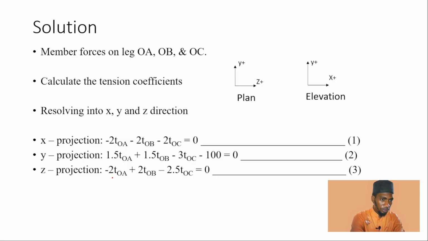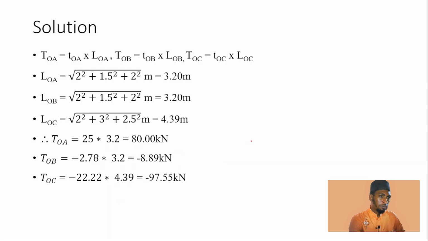We have TOA here. You are going to pick these numbers, 2, 1.5 and minus 2, and put them in a square root to determine your LOA.